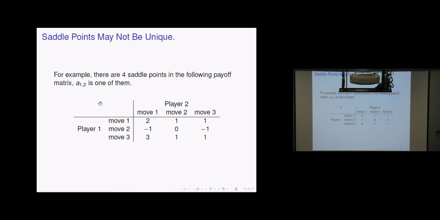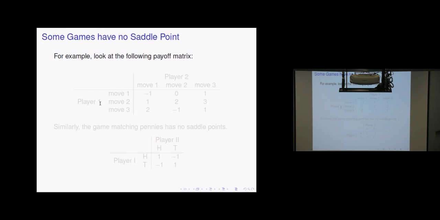This one is the minimum of its row, and at the same time it's a maximum of its column. So this is also a saddle point. So there are 4 saddle points, which are these 4. This is an example where you have more than 1 saddle point.